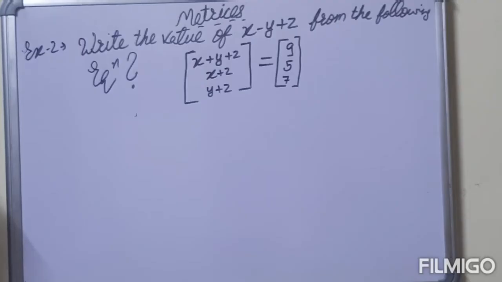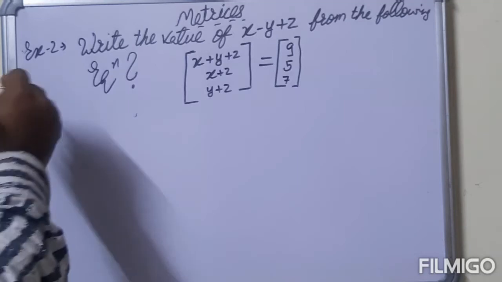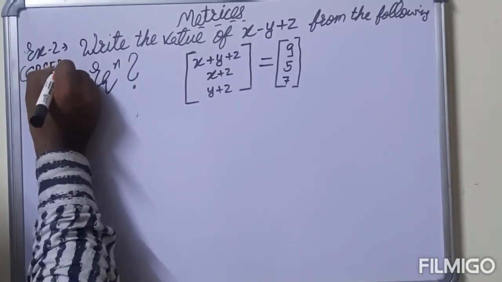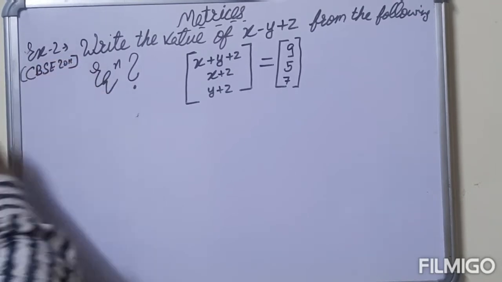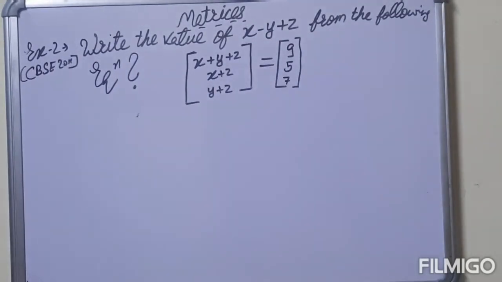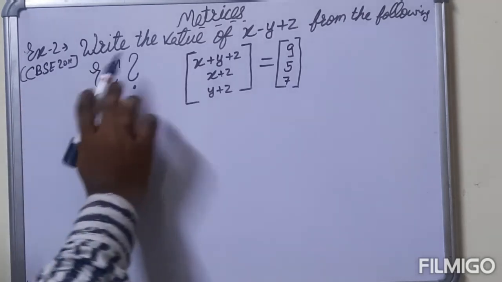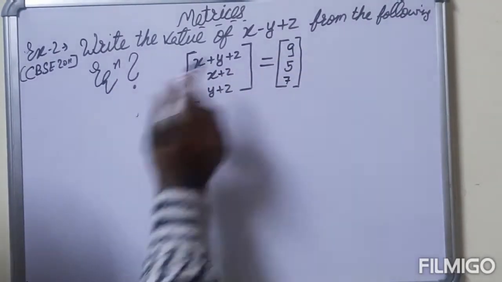Now we are starting with our second example, which was also asked in the CBSE 2011 examination paper. The question is: write the value of x minus y plus z from the following equation.